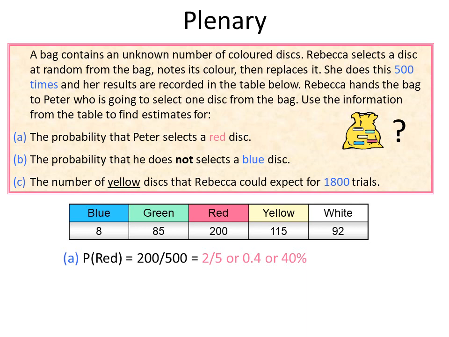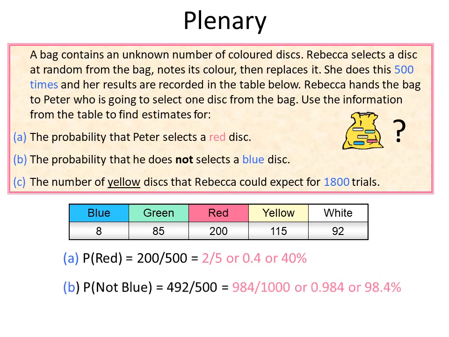The probability that he doesn't select a blue disc. Getting a blue disc is 8 out of 500. To not get a blue disc, it will be 1 minus 8 out of 500. So it will be 492 out of 500.